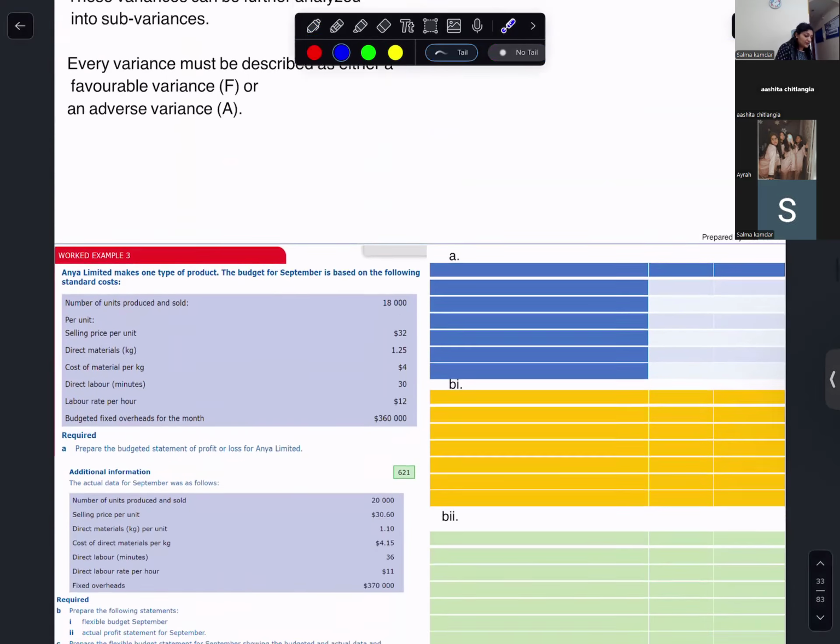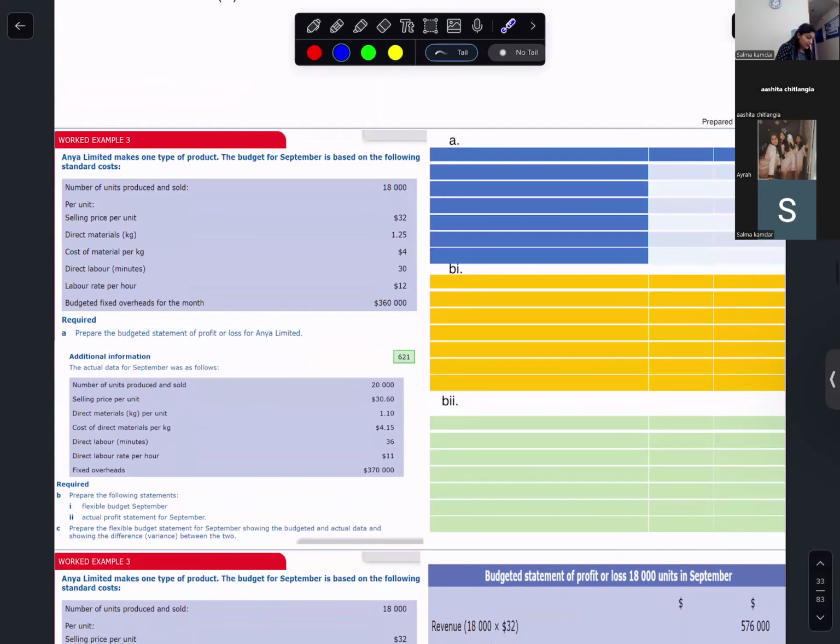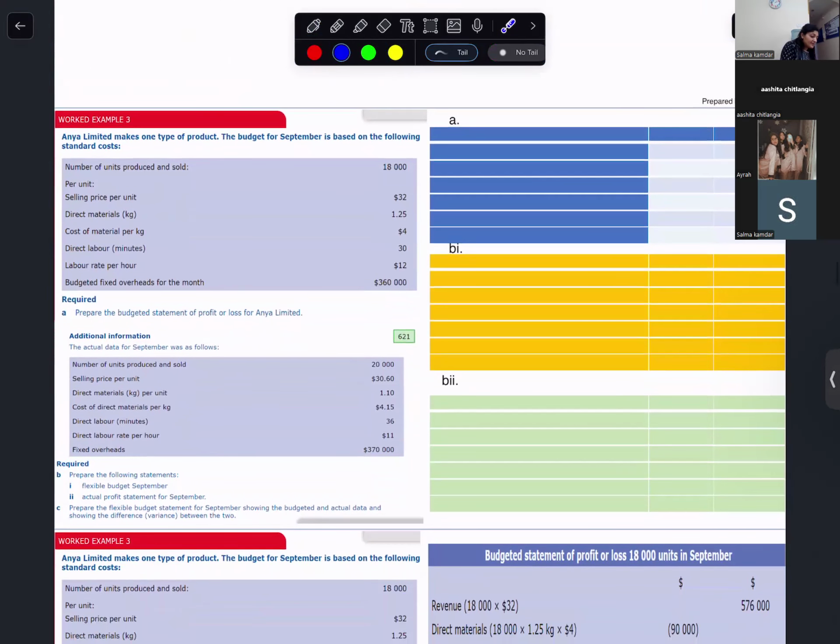Now you have this worked example number 3. If you see, they have given you the budget for September, 18,000 units. Can you tell me, is this standard quantity or actual quantity?